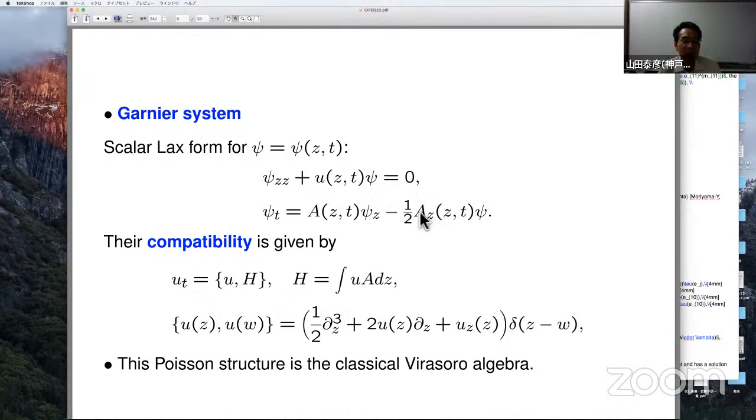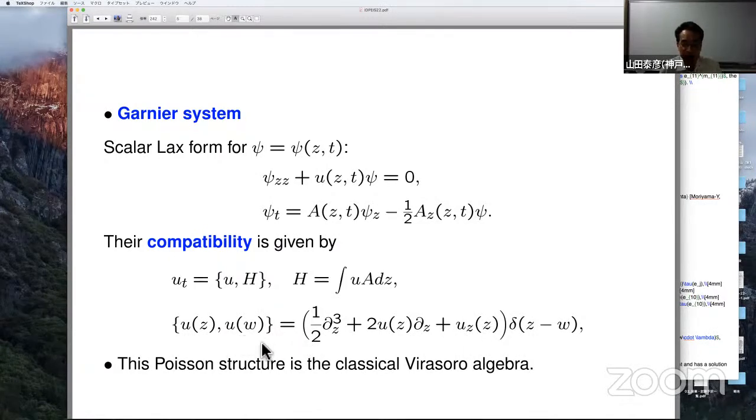And if A is a rational function in z, then this deformation describes the isomonodromic deformation of this second order equation. And the compatibility of the two equations is again given by the Poisson Hamiltonian equation, where the Hamiltonian is given by the function of this, and the Poisson structure is given by this form.